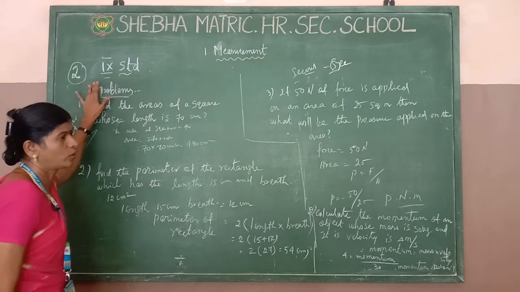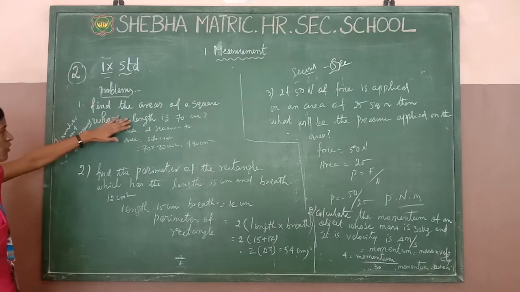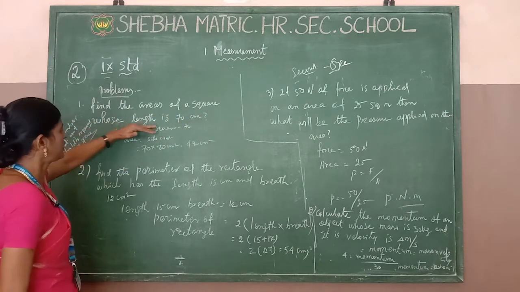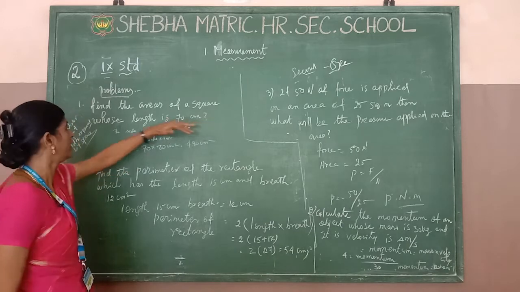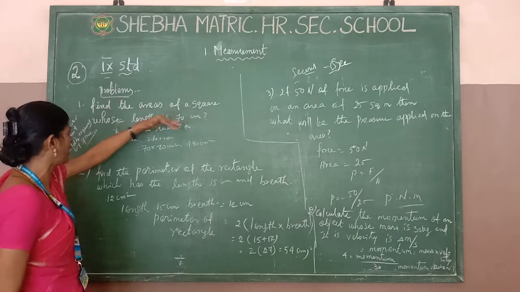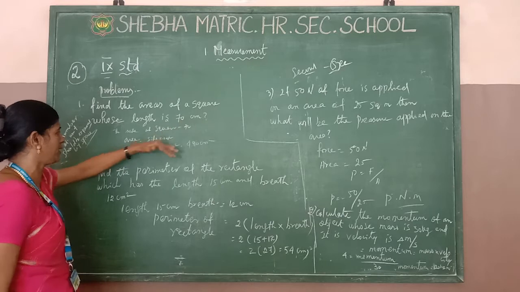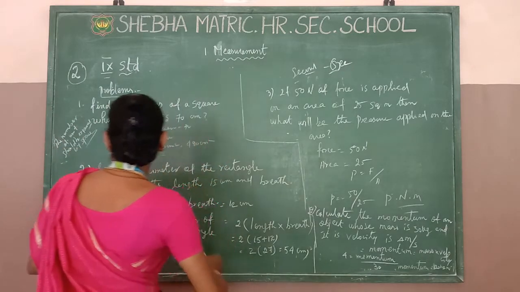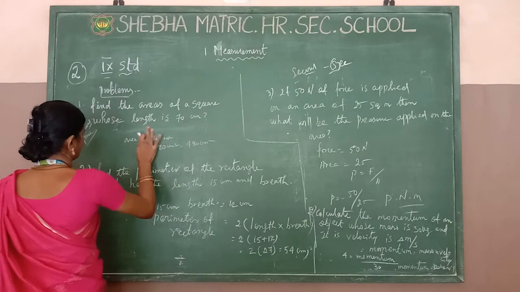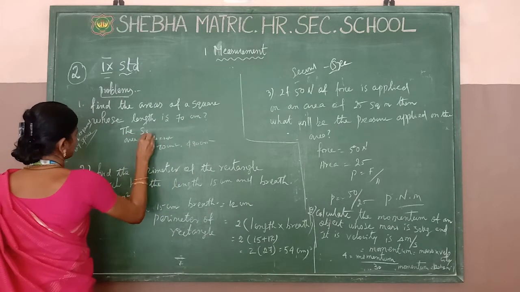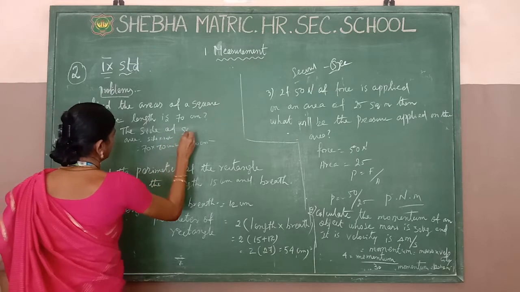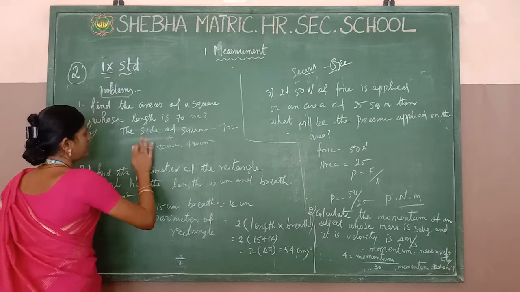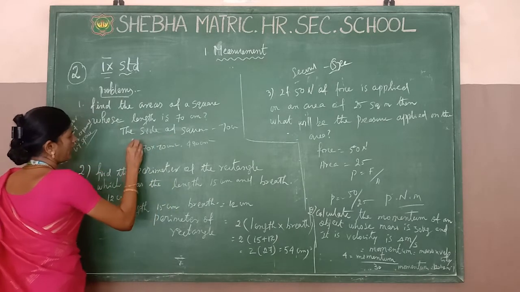Now we are going to problems. Find the area of a square whose length is 70 centimeter. How will we find the area of the square? The side of the square is 70 centimeter. So what is the area equal to?